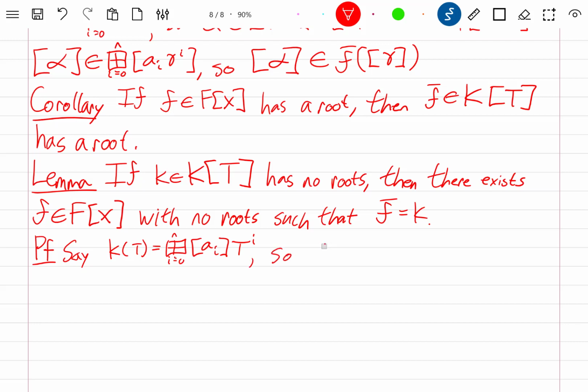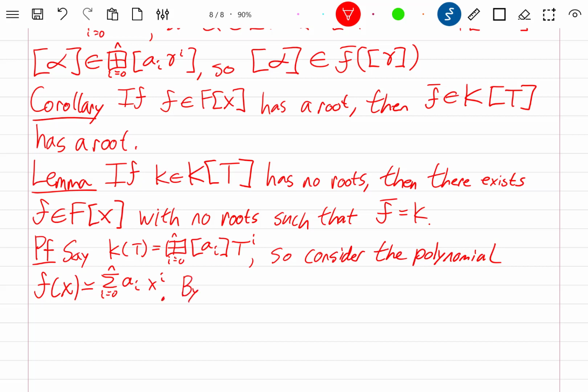So let's just consider the polynomial over my field now. So I have my polynomial over my hyperfield. I'm just going to consider the following polynomial over my field, the sum of a_i x to the i. By construction, my induced polynomial of f is equal to k.